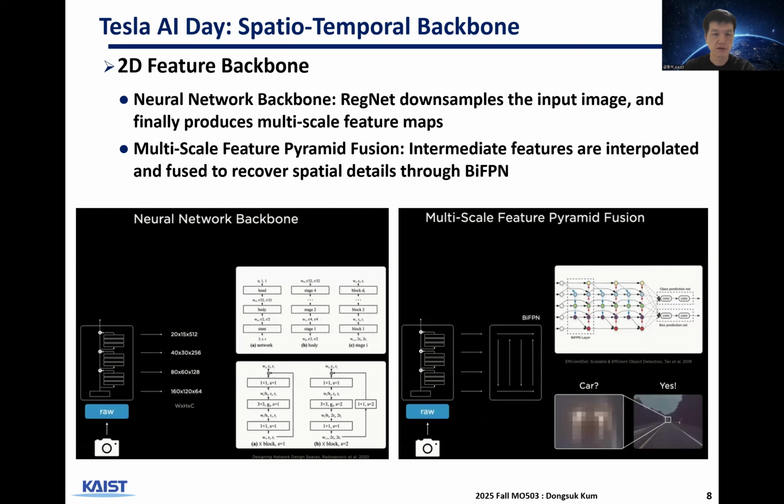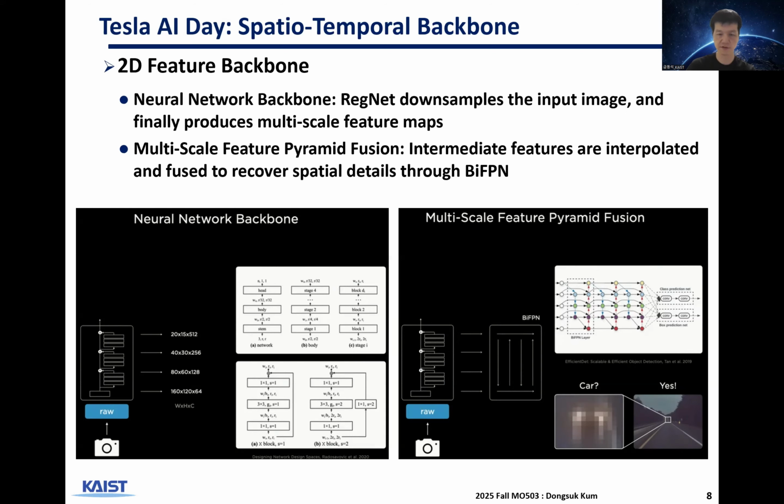And the next slide shows, from here on, we're going to talk about the spatial temporal backbone, which starts with the 2D feature backbone. It's basically a CNN neural network backbone, which extracts 2D features from the images.